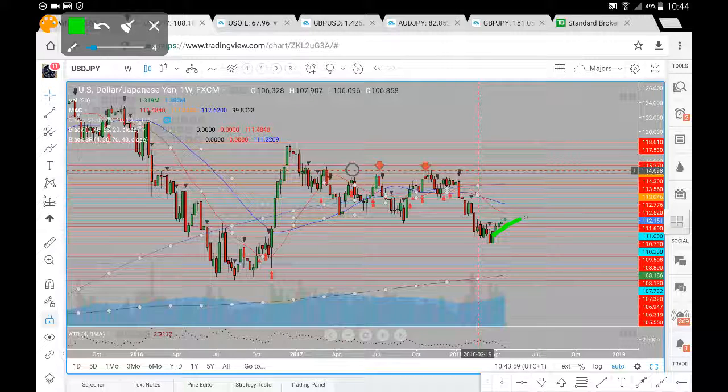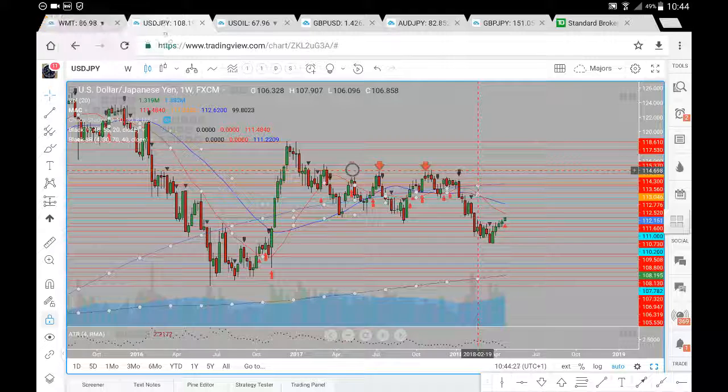The candles are small in terms of open to close, suggesting that even though there is some strength by the bulls, they may not have the conviction or complete control of this market, as we'd like to see in a strongly trending market. But it is progression nonetheless to the upside, and we are seeing that recovery here on the US dollar Japanese yen.